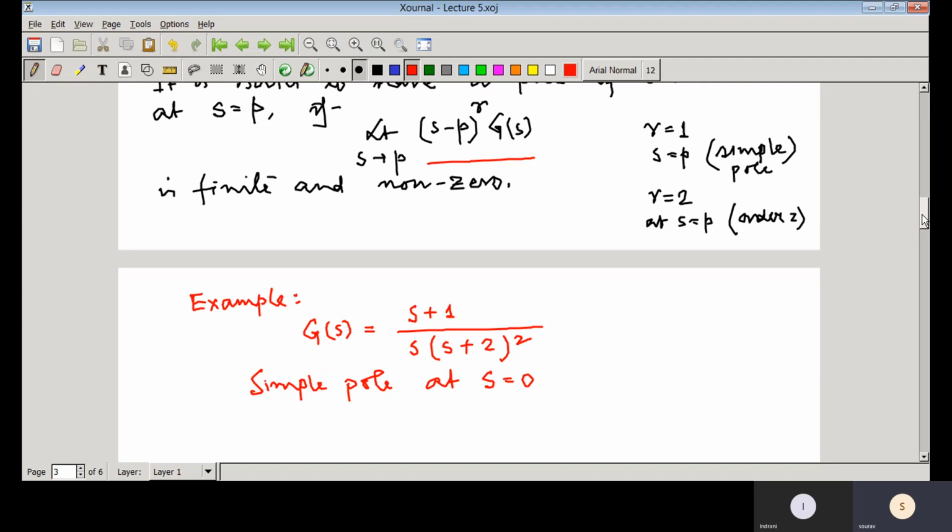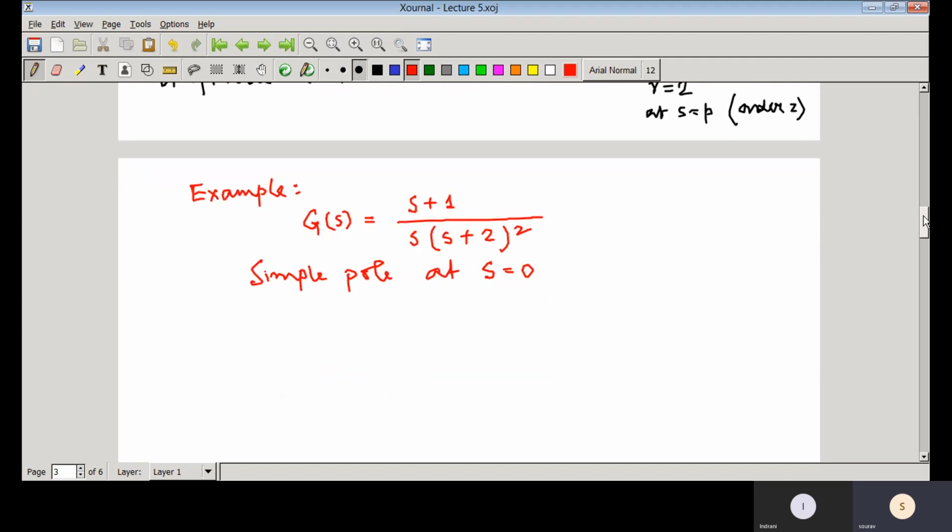So basically, whenever you have a function like that, just by looking at the denominator, you can see the value of s for which that G(s) becomes infinite. That means it would be undefined. So those are actually the poles. Whenever you put s equal to 0 here, G(s) would be infinite.